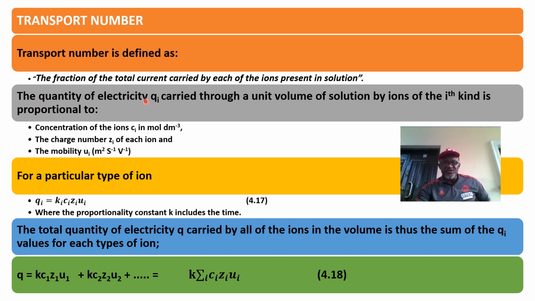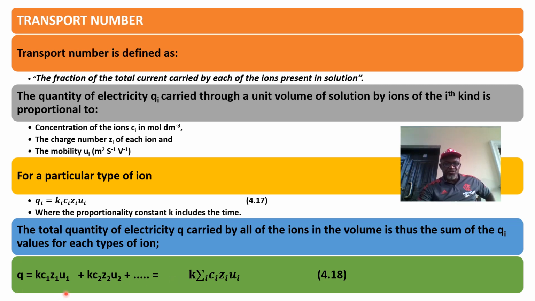The quantity of electricity, Qi, carried through a unit volume of solution by ions of the ith kind is proportional to the concentration Ci, the charge Zi, and the mobility Ui. Therefore, Qi is equal to K Ci Zi Ui, where the proportionality constant K takes care of the time factor.